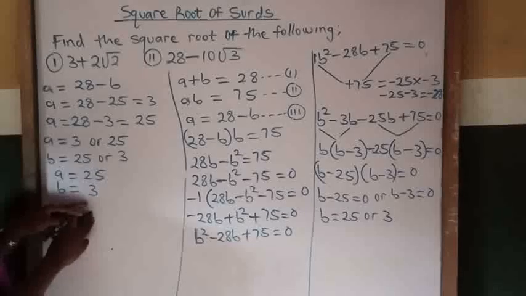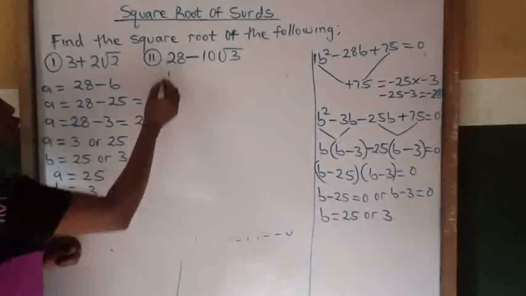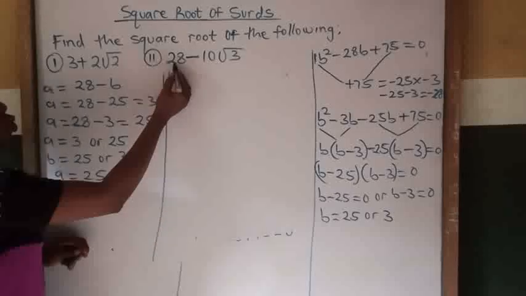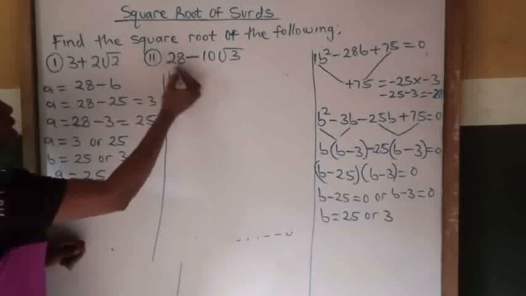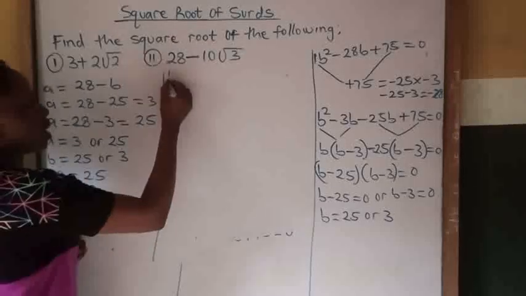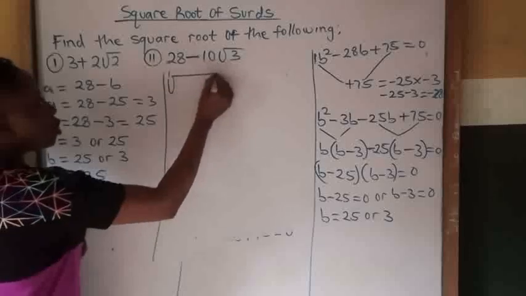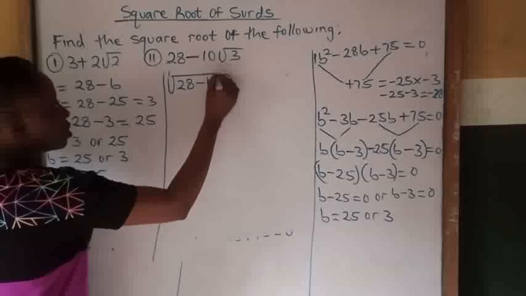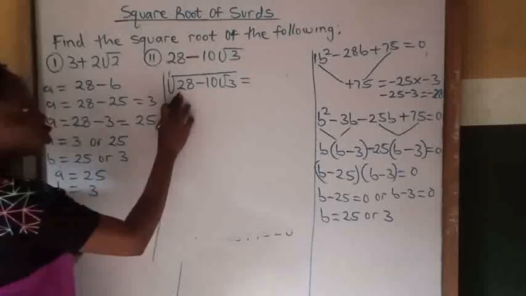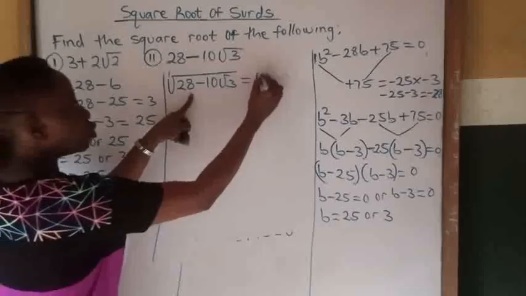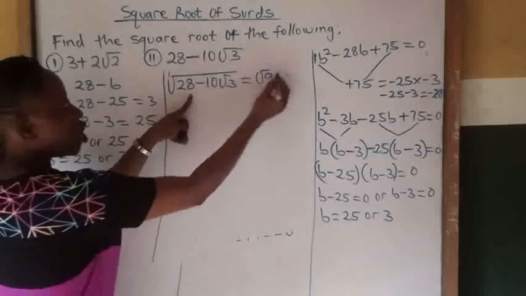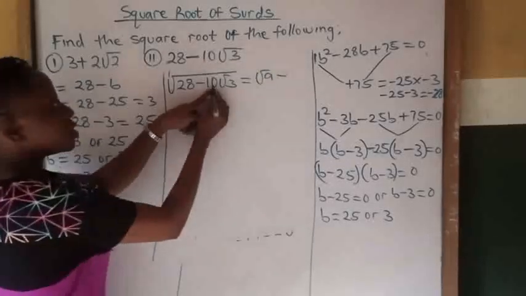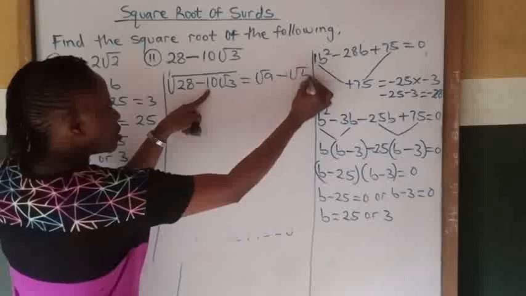Since we have the values of a and b, we go back to the first stage, where we equalize the square root of our expression with unknown roots. That is the square root of 28 minus 10 root 3. So you equalize them with unknown roots: the first term with root a minus the second term with root b.